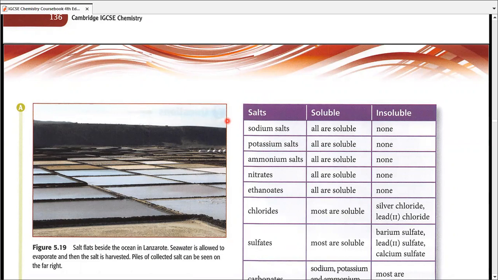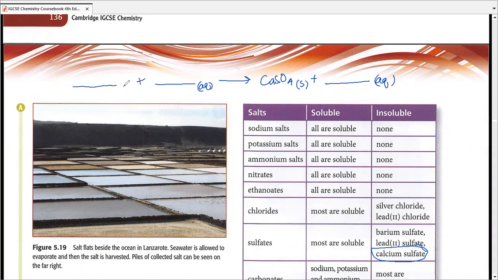They usually tend to ask you that you are supposed to form an insoluble salt. Let's say you are supposed to form calcium sulfate. So this is what you're supposed to form. Of course, it's going to form one insoluble salt over here, and you are supposed to dissolve two aqueous salts, two soluble salts. That's how precipitation goes. They're going to ask you what you are going to dissolve.